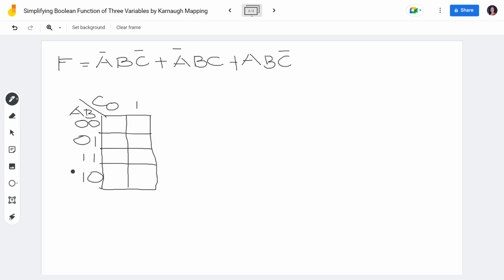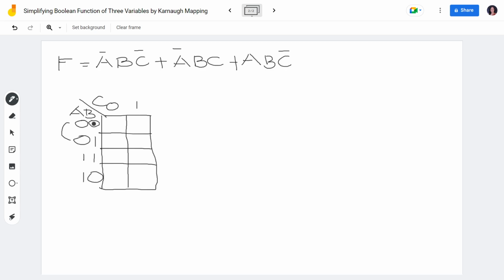Maybe you're going to ask, why not put 0, 0, 0, 1, 1, 0, and then 1, 1? Actually, we don't care about the values themselves; what we're concerned with here are the adjacent values. For adjacent values of A and B here, 0, 0 and 0, 1, there is a difference of only one variable.